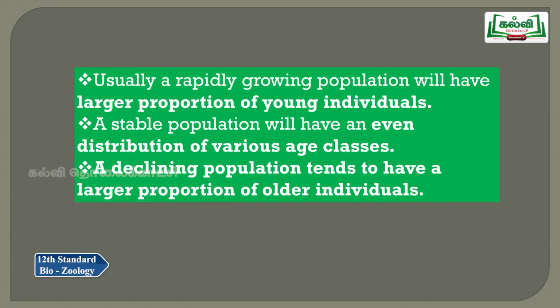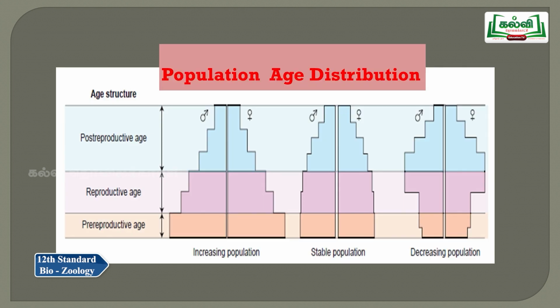Another point is that usually a rapidly growing population will have a larger proportion of young individuals, a stable population will have an even distribution of various age classes, and a declining population will have a larger proportion of older individuals, as I told. Then you can see the diagram of this.